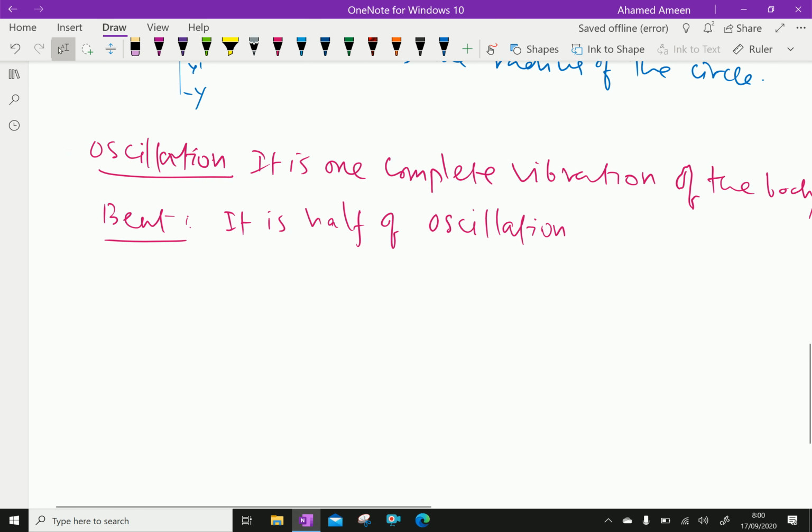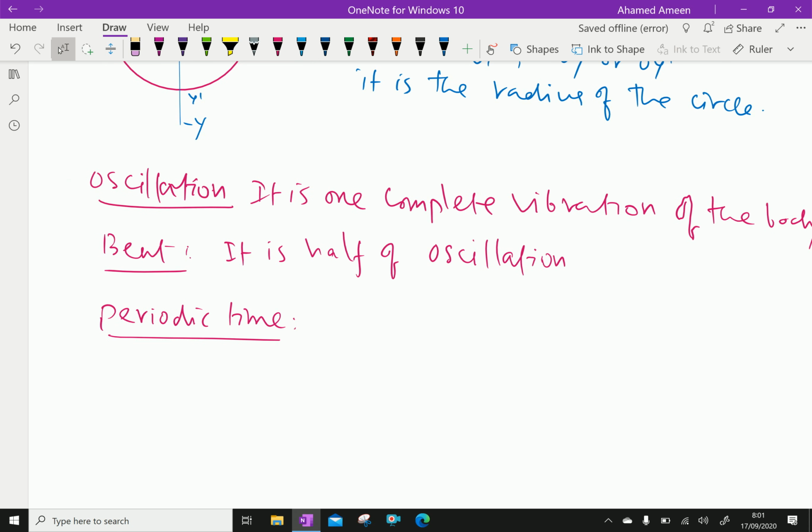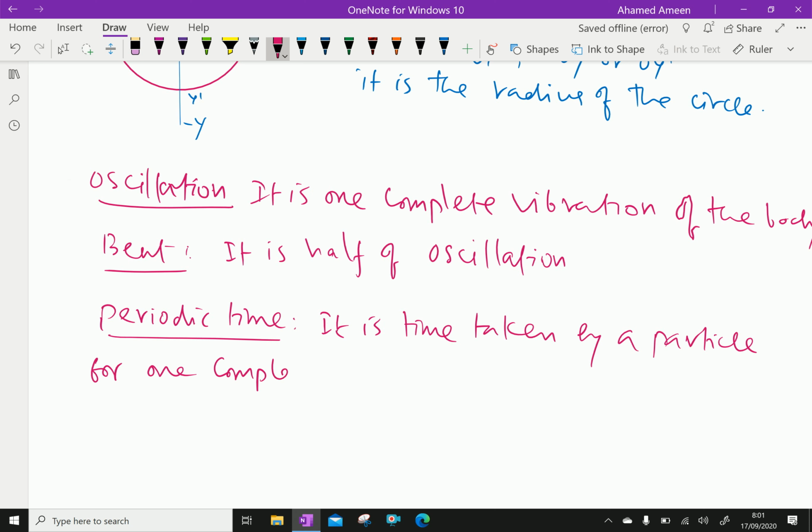Periodic time. It is the time taken by a particle for one complete oscillation.